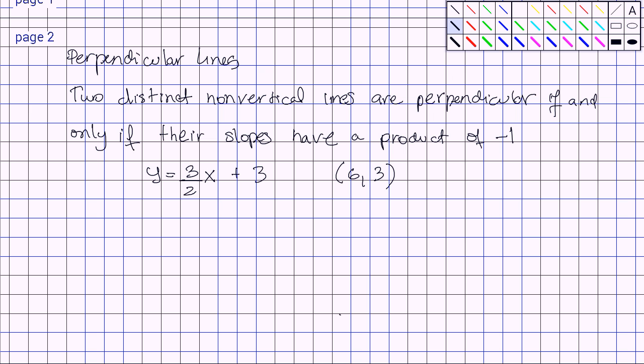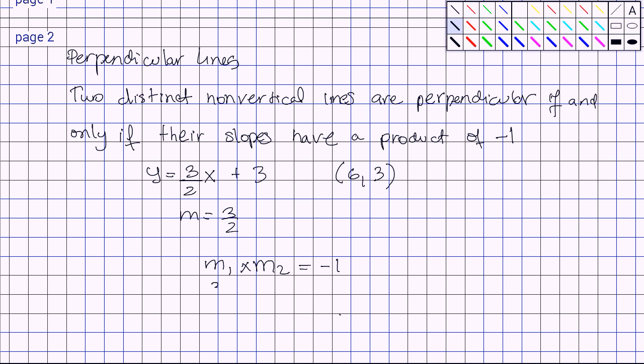So I have to know that the slope for my first equation is 3/2, right? Now, I want the product, so m1, the slope of the first line, times the slope of the second line should equal -1. How is that going to happen?